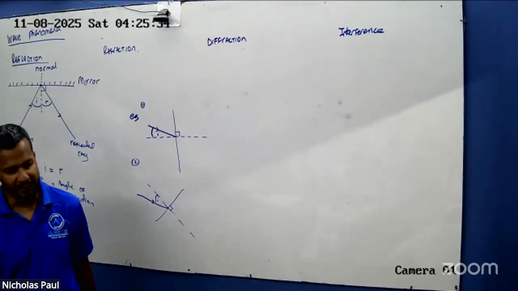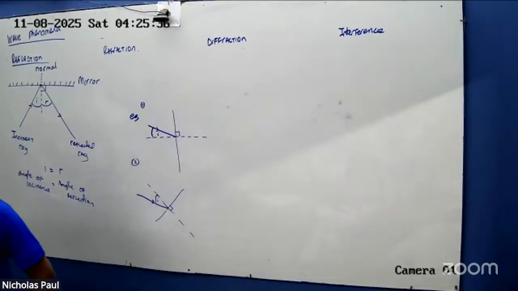The incident ray, the reflected ray, and the normal all lie on the same plane.